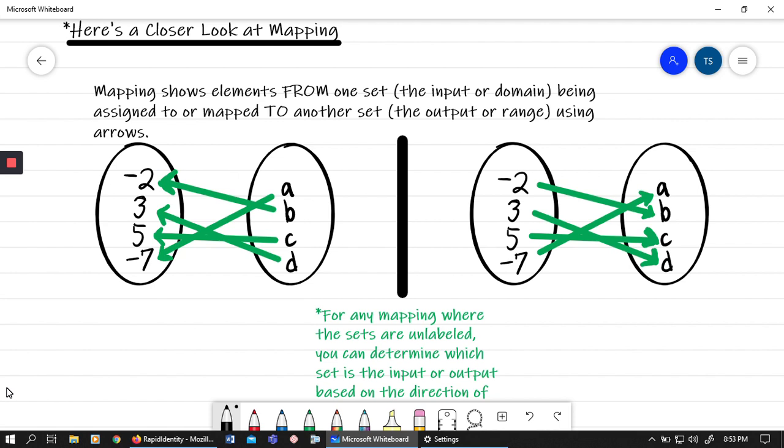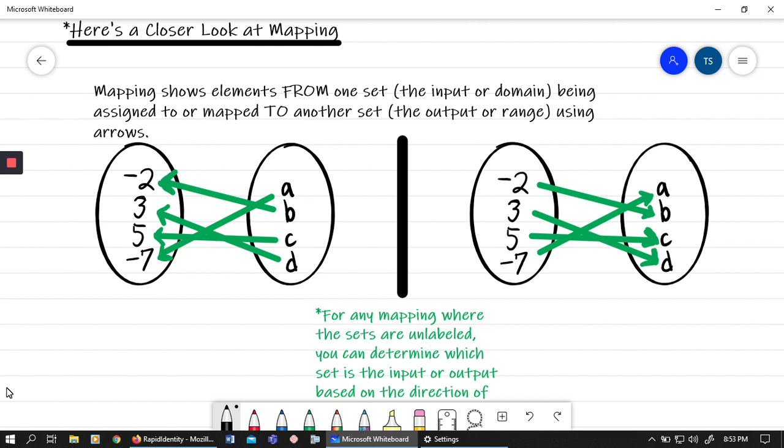First off, some of you may be wondering, okay, what is a mapping, Mr. Starkey? That's a good question, and I'm glad that you asked. A mapping shows elements from one set, the input, being assigned to or mapped to another set.